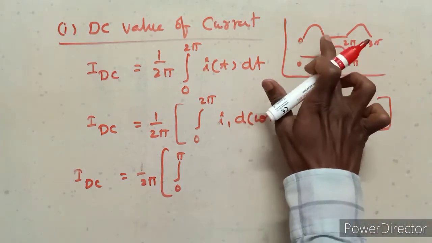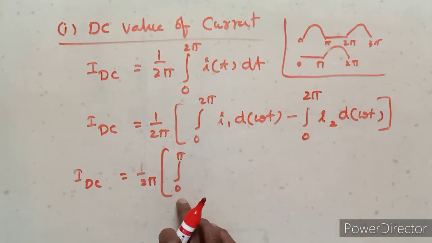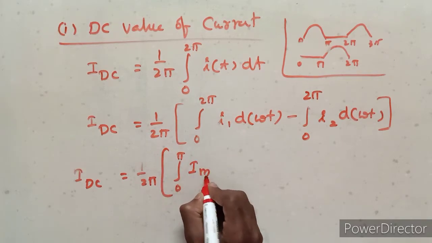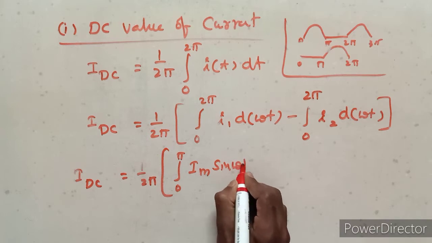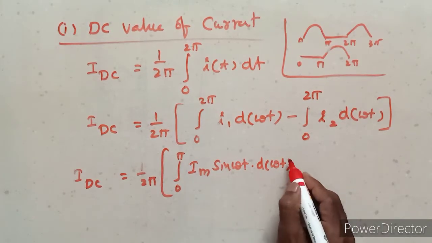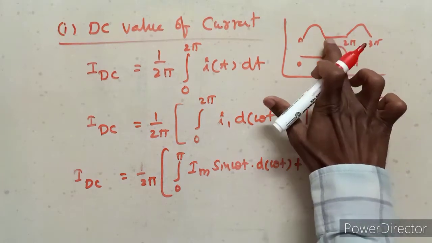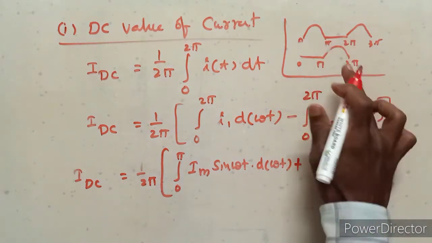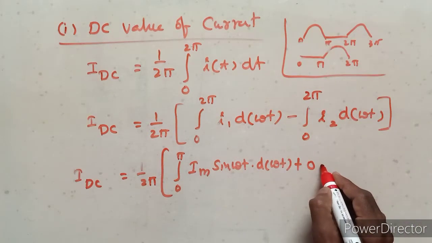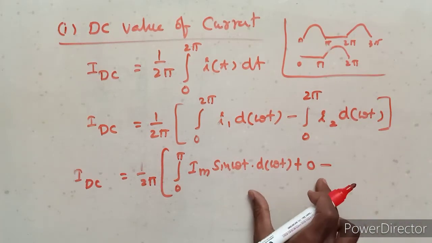First of all, 0 to pi is allowed, so integration 0 to pi of I1 equals Im sin omega t d omega t, plus the second part, which is 0. It is complete.